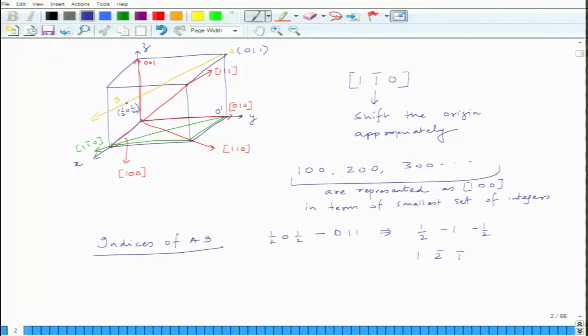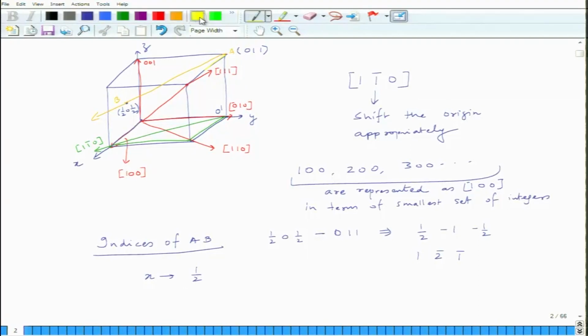Another way to determine is you just move along the x, y, z directions. I can see that I need to go half of x, so I have moved x intercept as half.